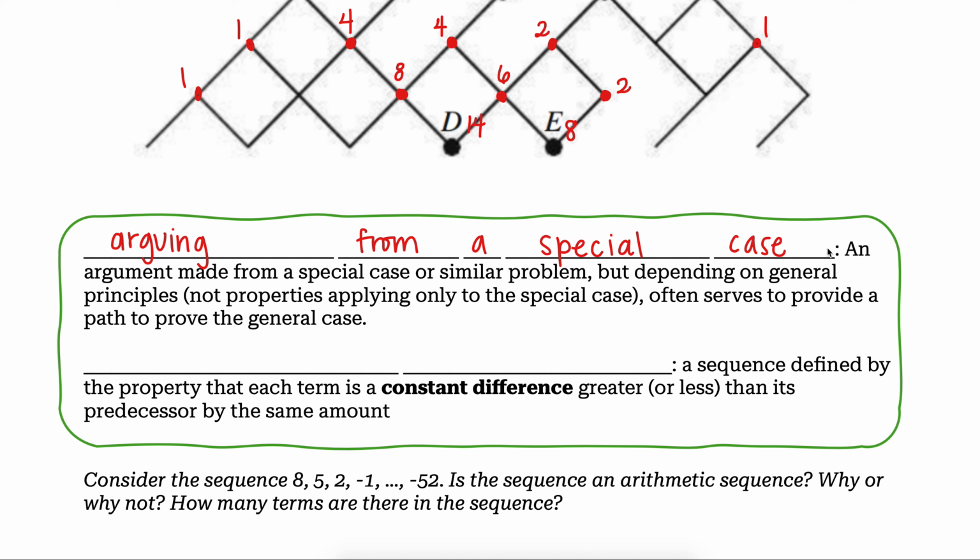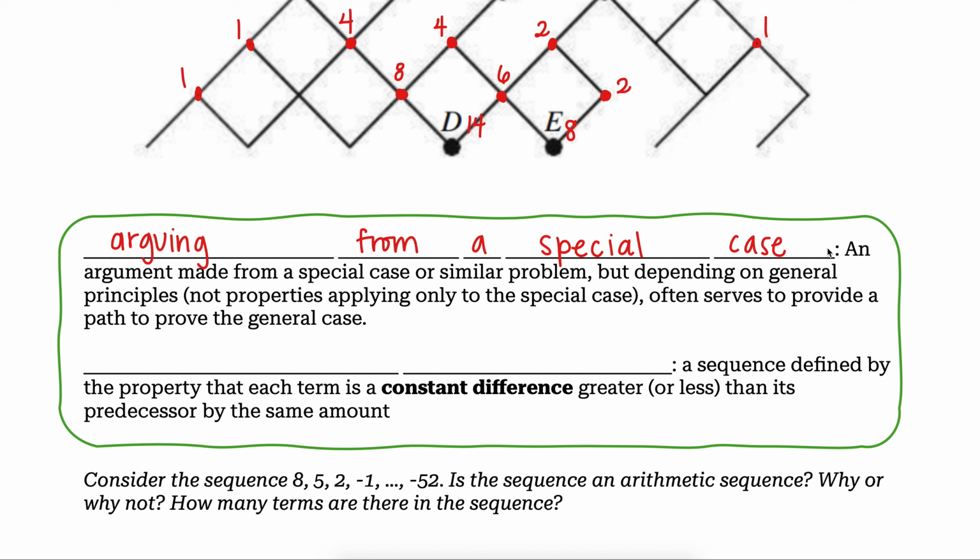When you're arguing from a special case, you're making an argument from either a special case, like with Pascal's triangle, or a similar problem. And we can use this to come up with a path or general principles for solving a more general type of problem. So again, that's what we just used.